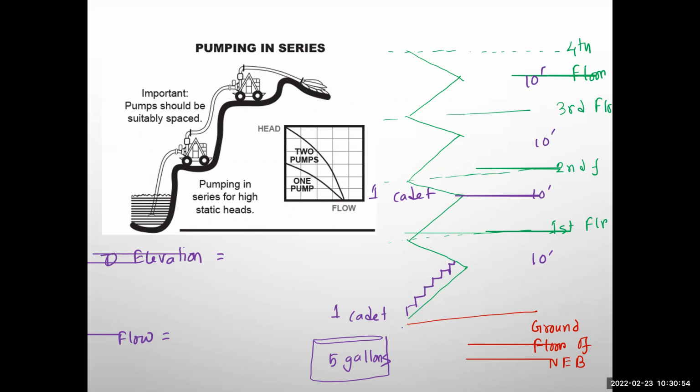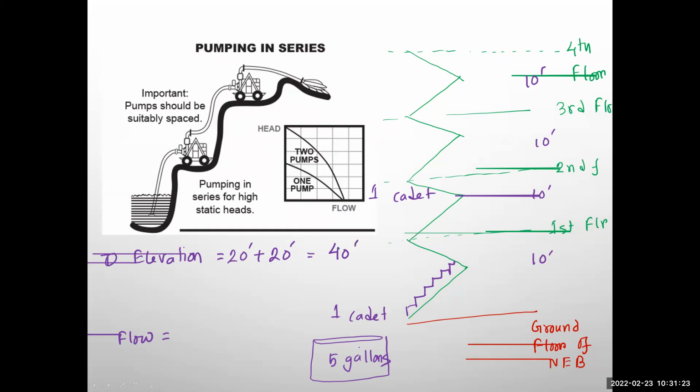What is the elevation this gallon travels so far, up to the second floor? 20, right? Now from the second floor, another cadet will carry the same bucket to the 400 level. How much elevation is added? So what is the total elevation?